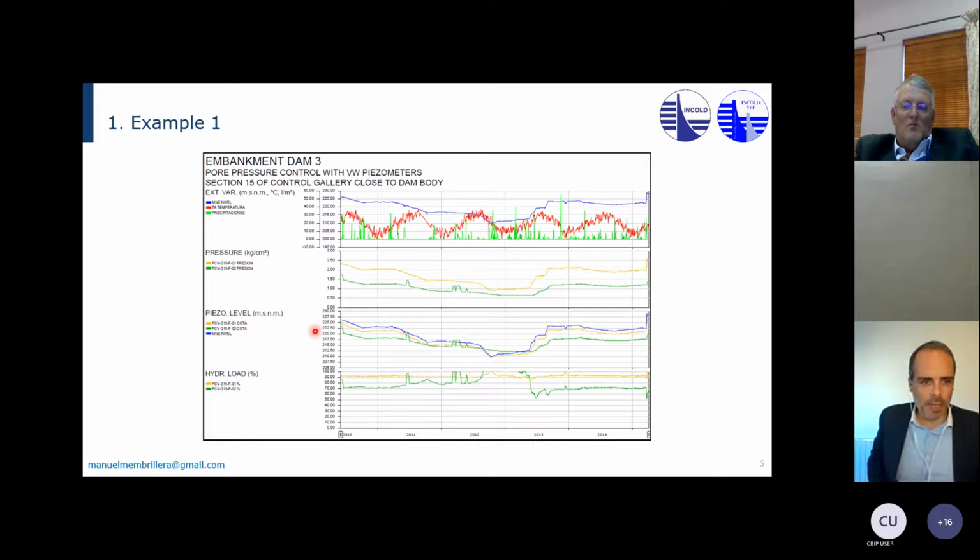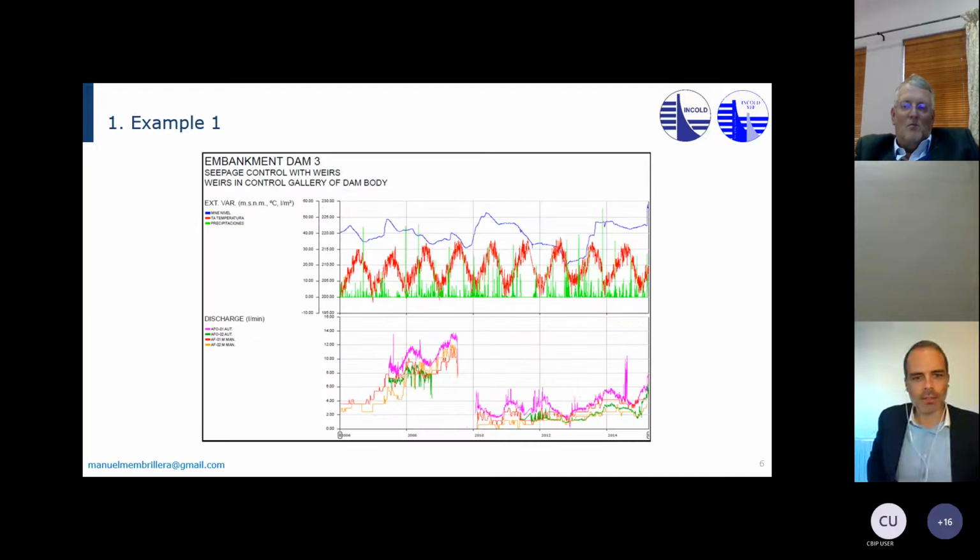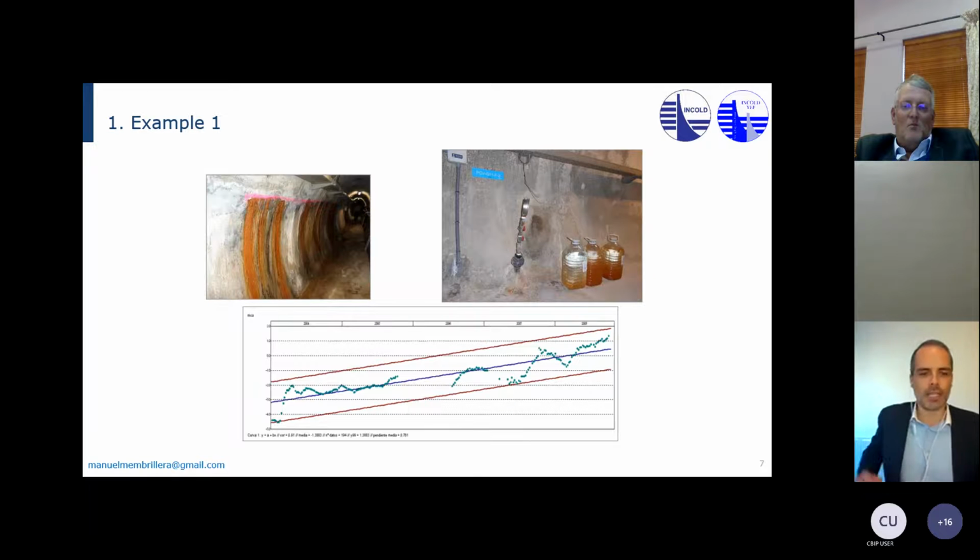These are the absolute bathymetric levels, but it's not that simple to analyze the trends. And if you take one of these piezometers and you carry out a statistical model and you represent the residuals, that is the difference between the real readings and the forecast that your statistical model is giving you.